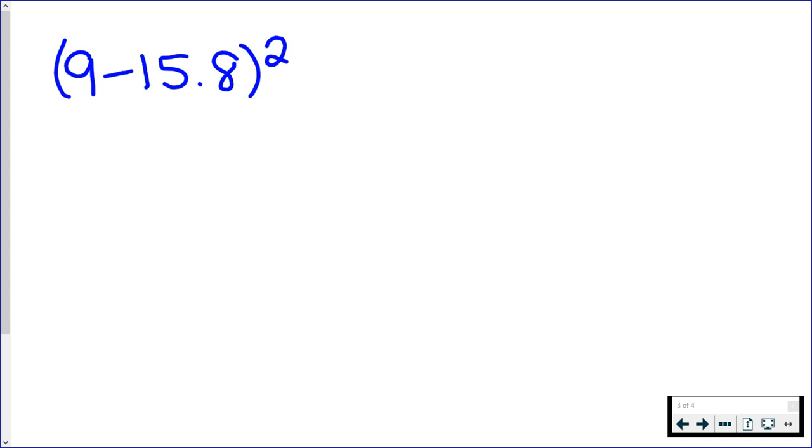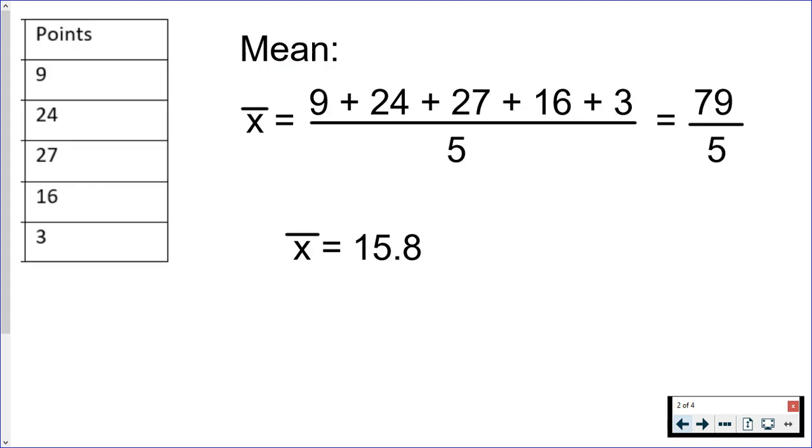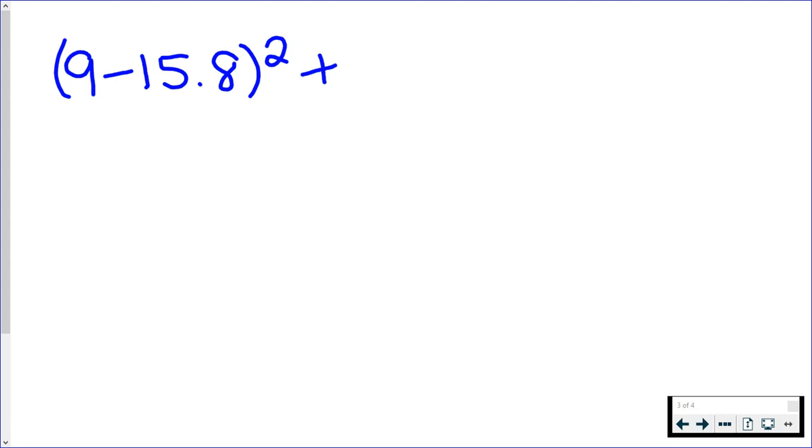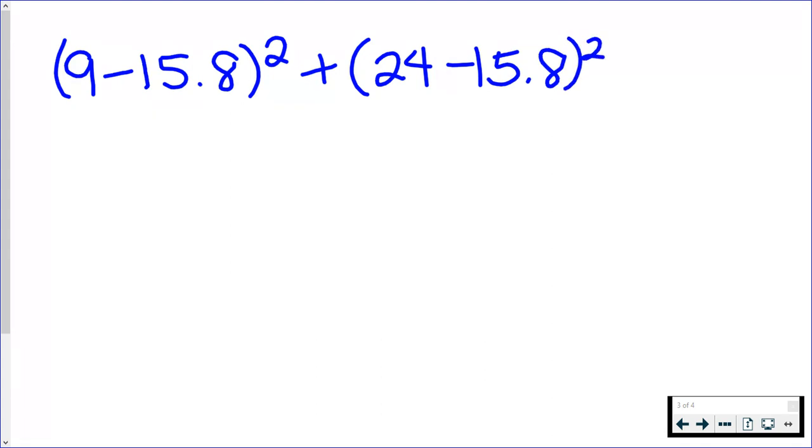And then I'm going to add it to the rest of them. So the next number in our table, first there were 9 points. The next number is 24. So you take 24, subtract the mean of 15.8, and then you square it.